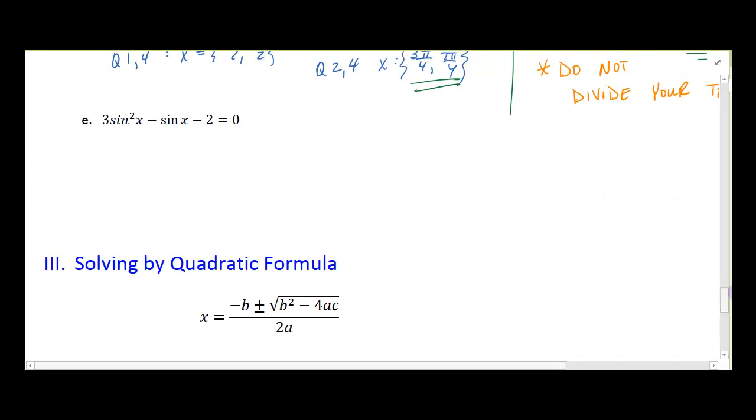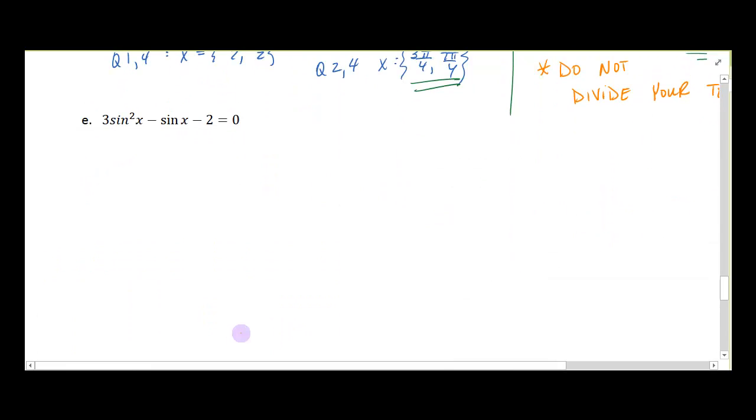One more. Let's look at one more together as far as factoring is concerned. So we have this equation here. We're going to see if we can factor this. I think it's going to break up into 3 sine x times sine x, because that's the only way this first term will break up. This is a negative sign, which means I have to have a positive and a negative sign here.